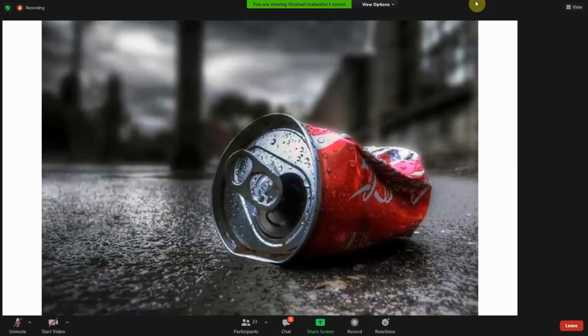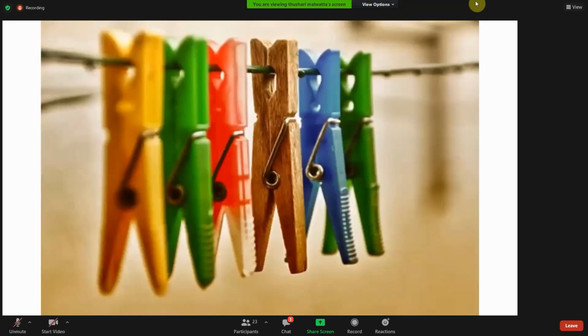Here, the can is emphasized here. So, the wooden peg is emphasized.